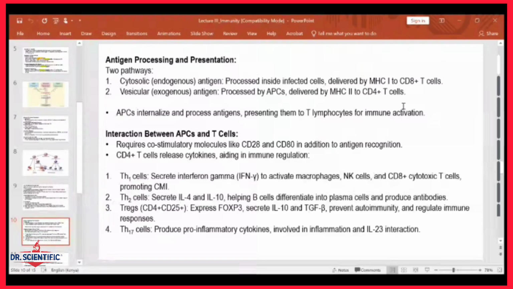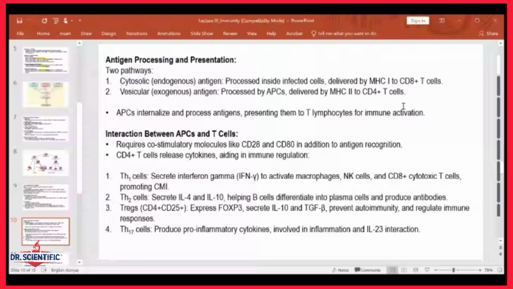Antigens are presented to T cells, and we've said we have two types, CD8 and CD4. If an antigen is intracellular, it will be presented via MHC1 onto CD8. If it's extracellular, it will be presented via MHC2 onto CD4 cells, which are referred to as helper T cells.